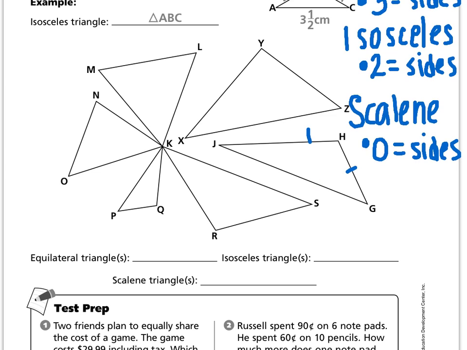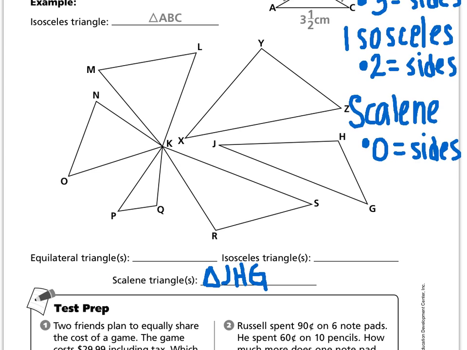And I know that a triangle that has 3 sides that are different lengths is going to be a scalene. So I can write down here triangle JHG as one of them that is going to be scalene. There will be other triangles that you can find. Go ahead and use this information in order to figure out what other triangles will be equilateral, isosceles, and scalene.